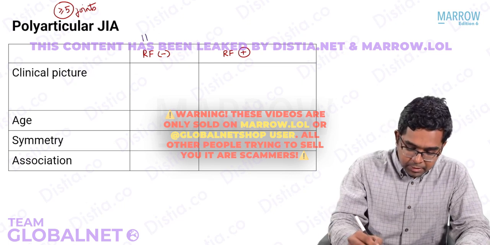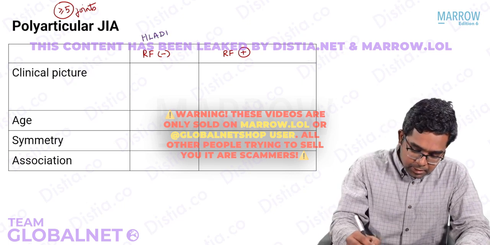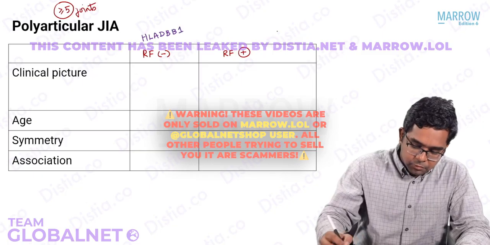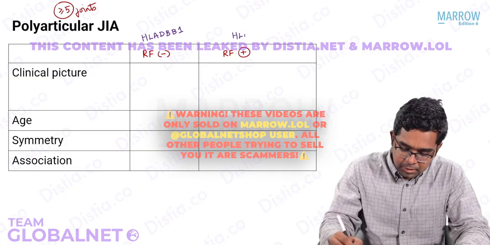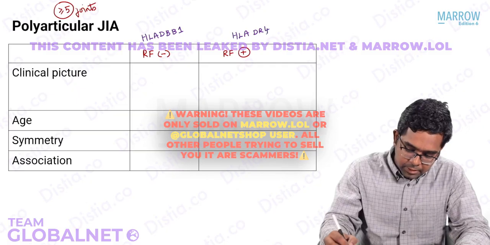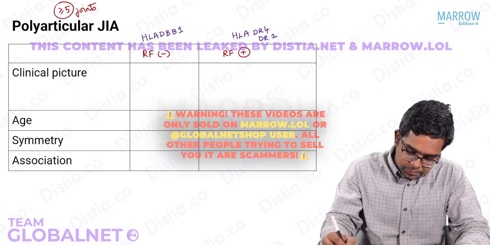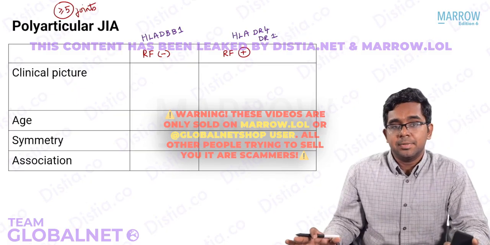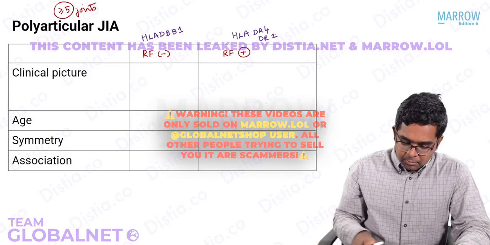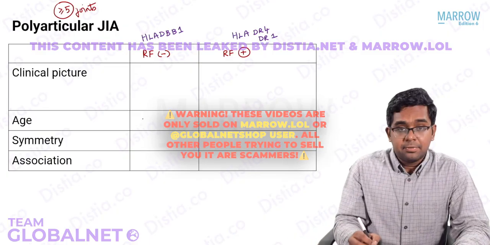For rheumatoid factor negative, it is HLA DRB1. And for rheumatoid factor positive, it is HLA DR4 and DR1. Now, let us look at the clinical presentation of these children. First I'll start with the age.